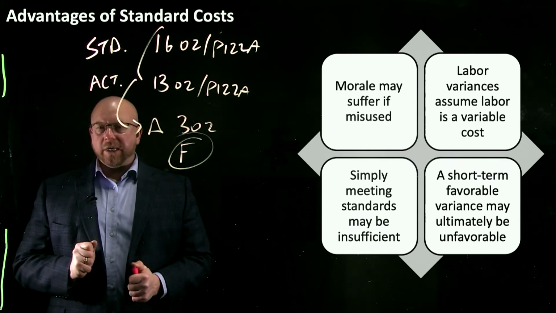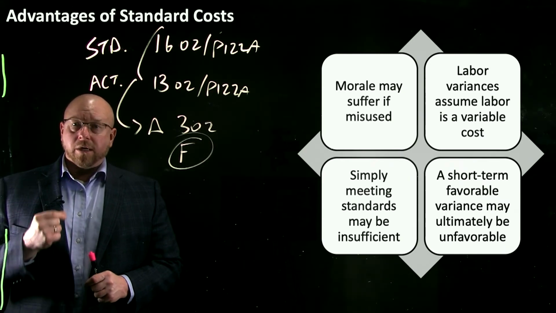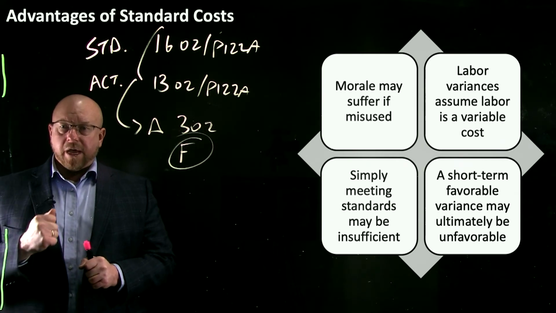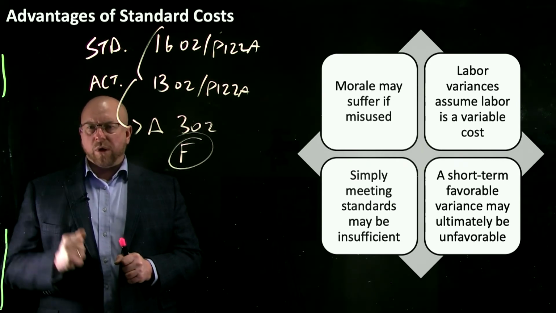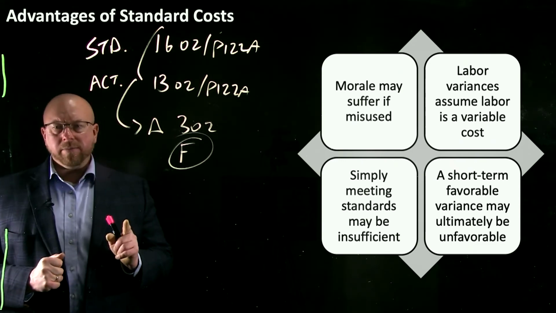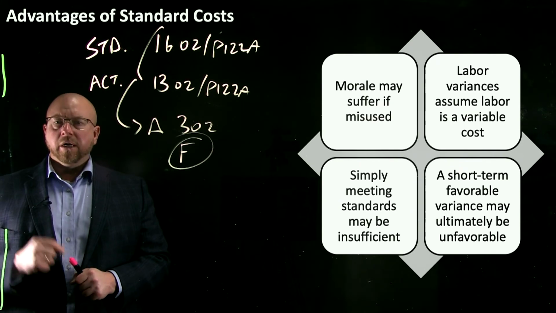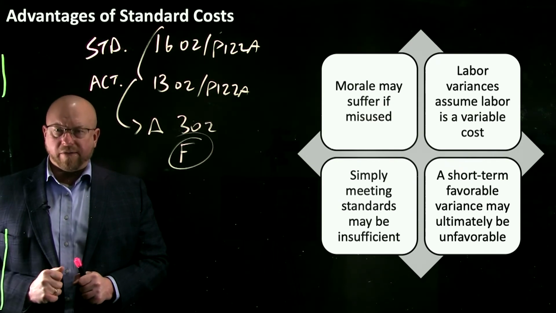You're probably thinking ahead of me at this point, and you may be assuming what I'm about to say is that in the short run, that will save dollars, that will enhance profits, favorable quantity variance. In the long run, if the quality of our products suffers, then we may lose customers, and in the long run, that could be unfavorable.